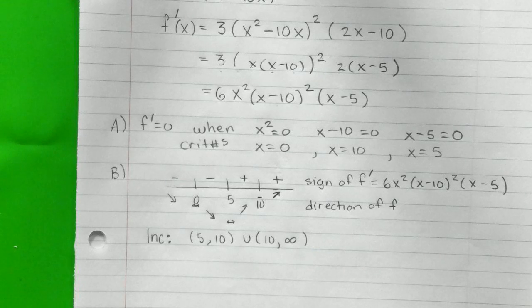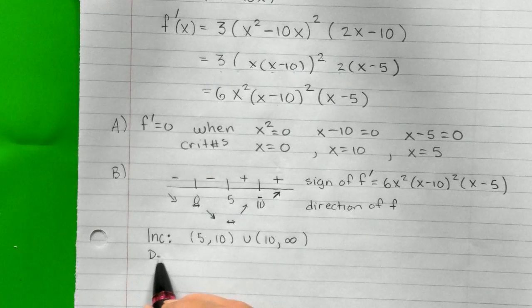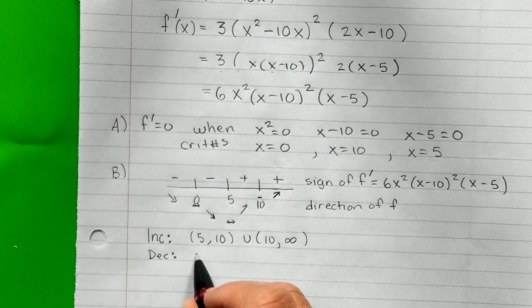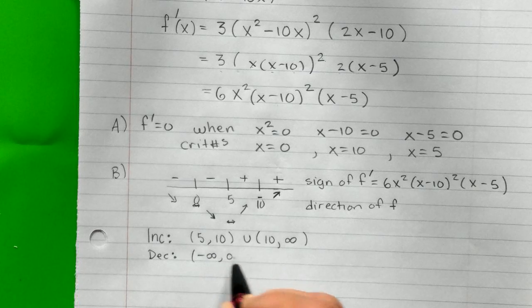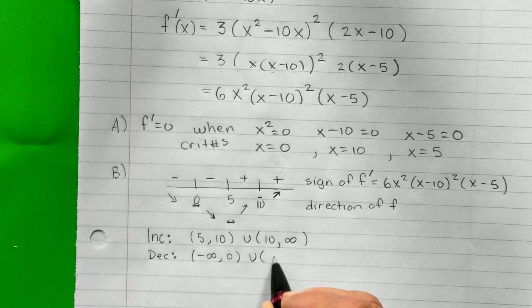Be careful if you're on web work. If you just say from 5 to infinity, web work will say, right? There's no slope, there's no sign at x is 10. Then it decreases to the left of 0, and then again between 0 and 5.